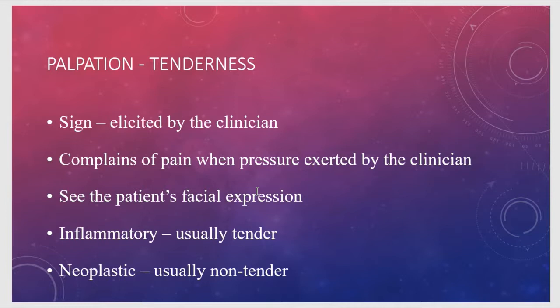Pain means the patient complains. You're not touching the patient, but the patient is complaining, okay, I'm having this pain. That is a symptom. But if you are eliciting a sign and the patient feels pain on pressure exerted by us, that is a sign, the tenderness.